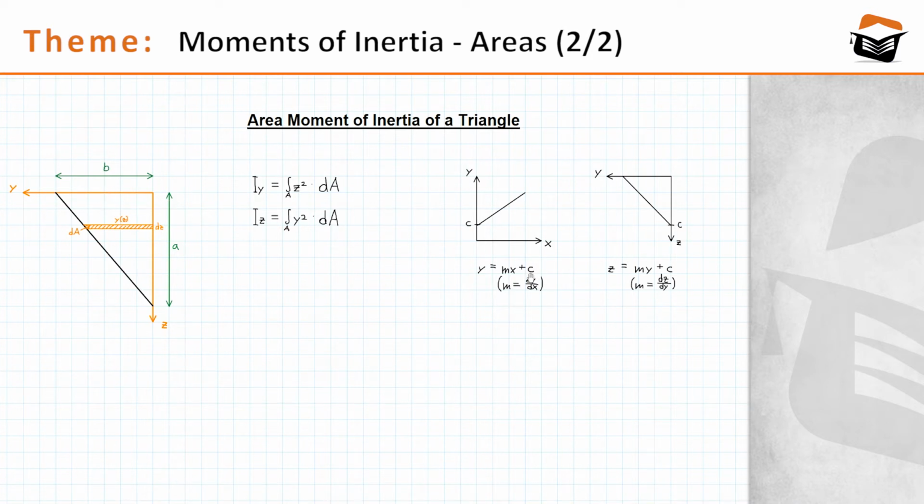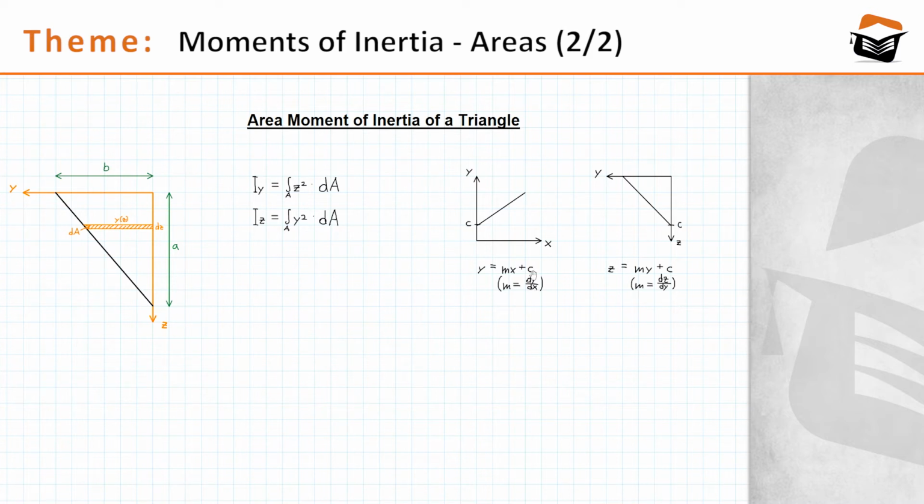In a traditional coordinate system, where the vertical axis is the y-axis and the horizontal axis is the x-axis, the intercept with the y-axis is c, and m represents the slope of the straight line, computed via dy over dx. In other words, the change in y over the change in x.